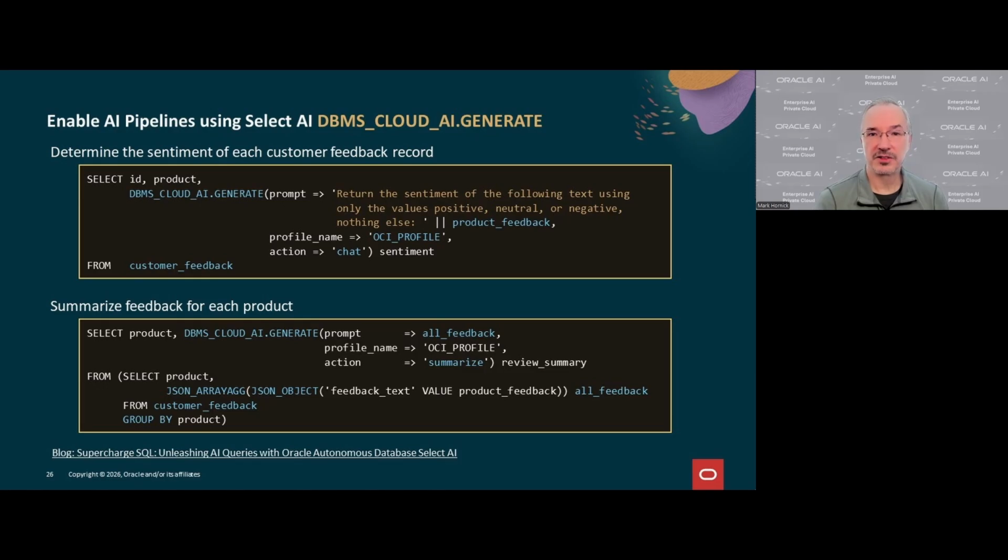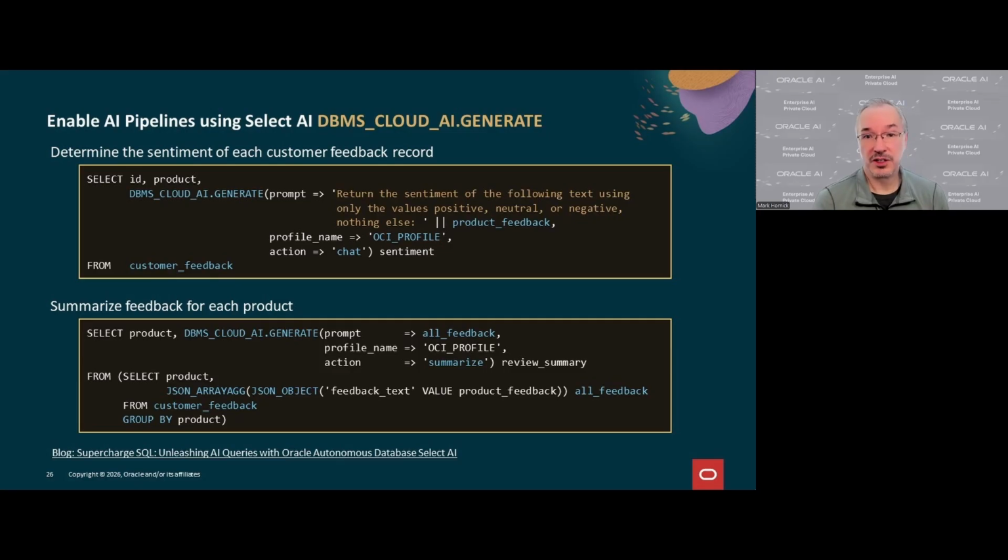Now, another advantage of Select AI is the ability to embed AI capabilities directly within your SQL queries, enabling scalable pipelines for AI driven content generation, filtering, and aggregation. This approach allows you to leverage the core Oracle SQL engine for efficient, cost effective processing while seamlessly integrating generative AI. With Select AI, you have a unified, integrated platform for building robust AI pipelines within your applications, integrating data and AI processing.